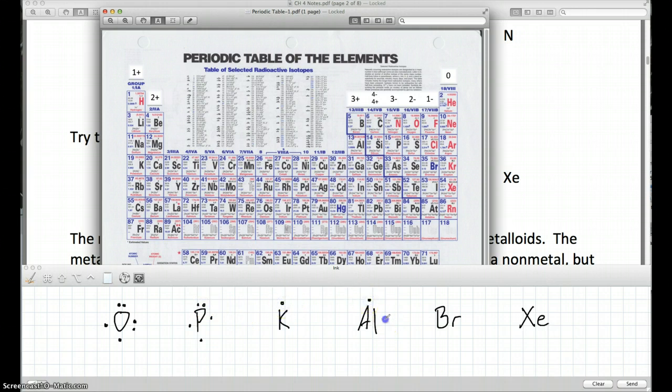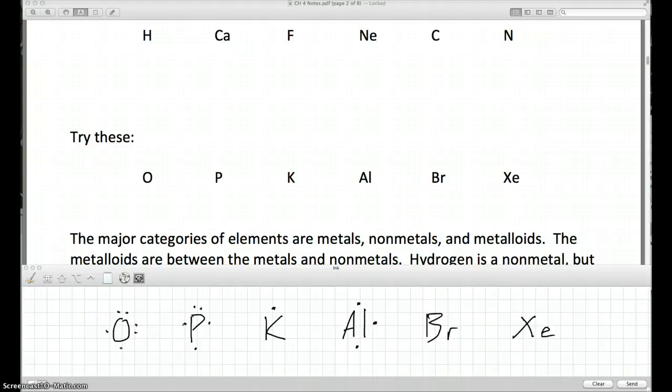Aluminum is 3. Bromine is 7. Start it over here real quick, and bromine is going to have 7, I said, right? 1, 2, 3, 4, 5, 6, 7.